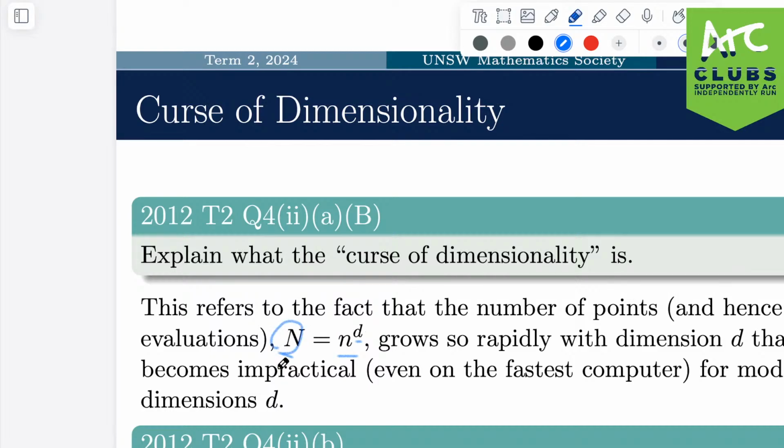So intuitively, does the Monte Carlo method suffer from the curse of dimensionality? Even from an intuition perspective, the answer is no, because you just simulate the points, right? So the number of points you can simulate is not restricted by dimension d.